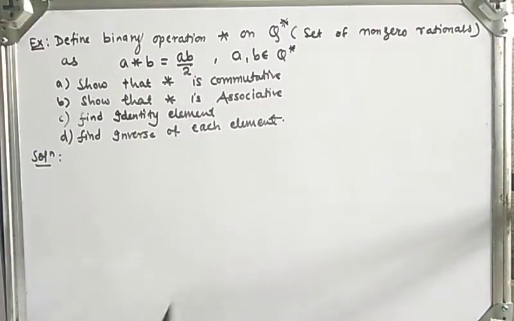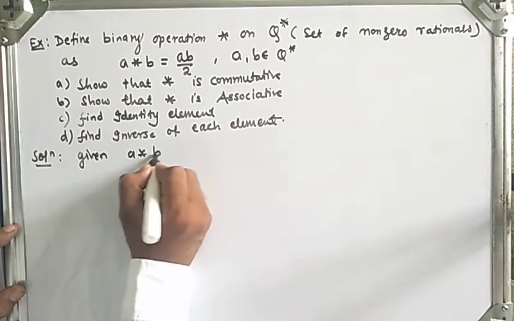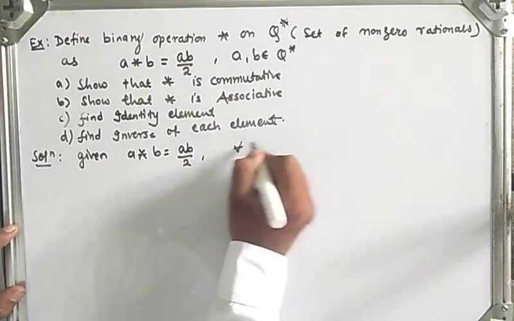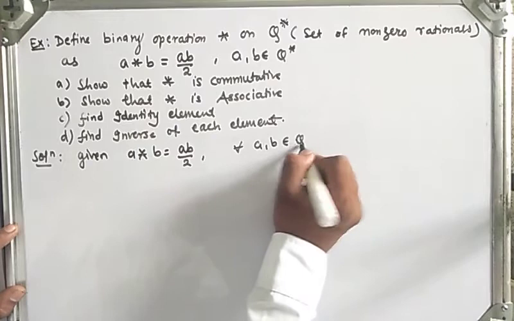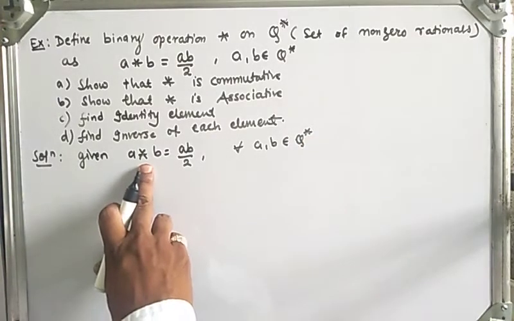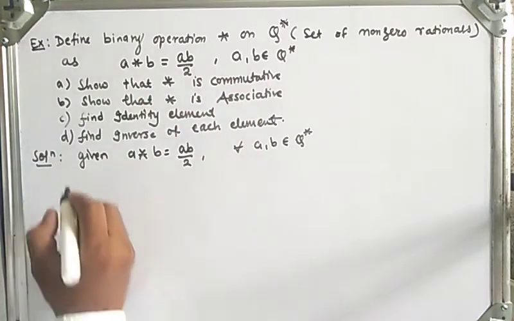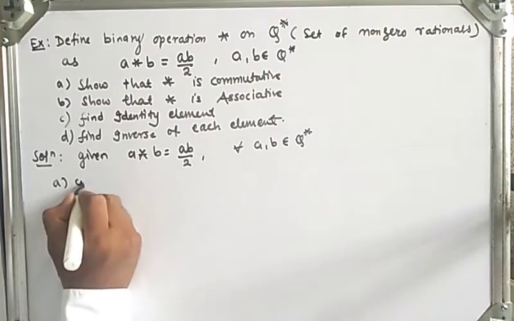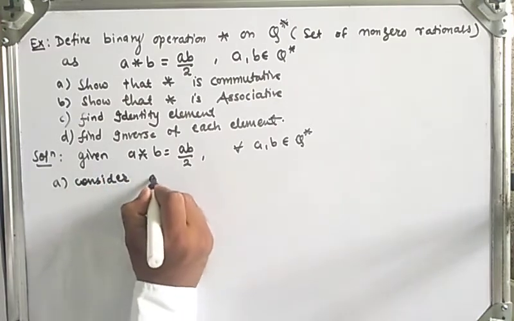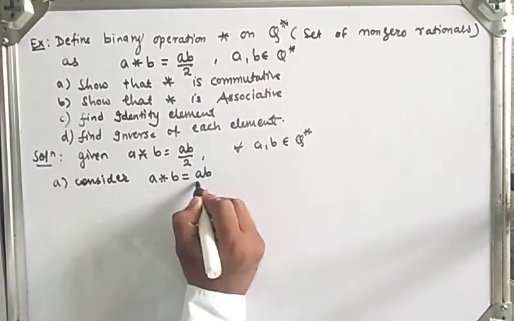So we have given a star b is equal to a into b upon 2, for all a and b in the set of non-zero rationals. So here is the given binary operation. Now to show it is commutative, first consider a star b. a star b is defined by a into b upon 2.